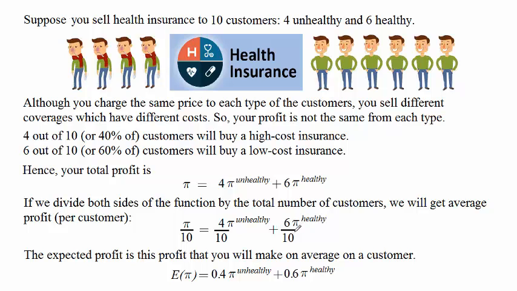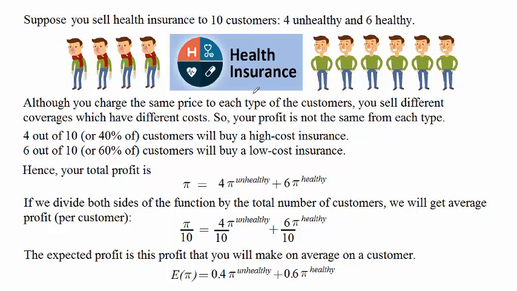Now, the expected profit that I was talking about is exactly this profit that you will make on average on any customer. Just imagine you selling your health insurance, and you don't know who is who, so any customer that approaches you can be either a healthy or unhealthy one, right?